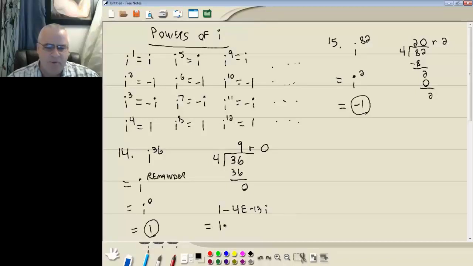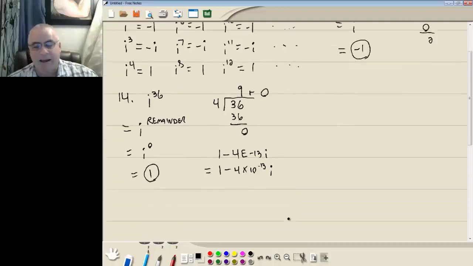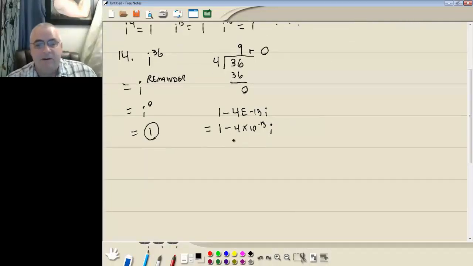What that means is we got 1 minus, and this is scientific notation, 4e to the negative 13, which means 4 times 10 to the negative 13 power, times i. Now 10 to the negative 13 means you move your decimal place 13 places to the left.